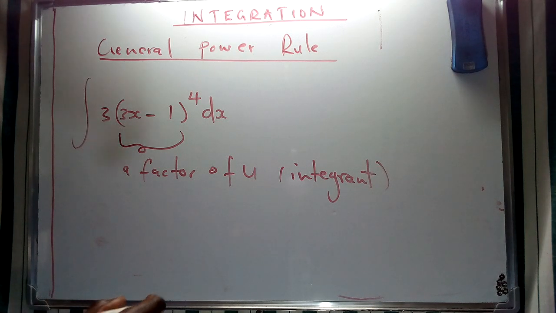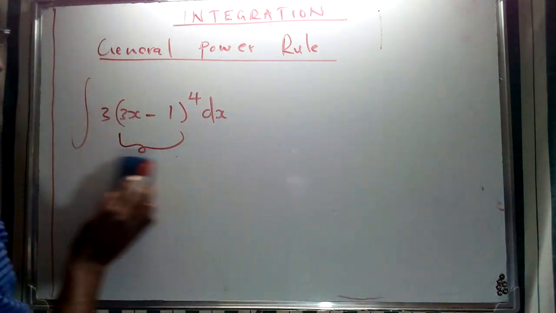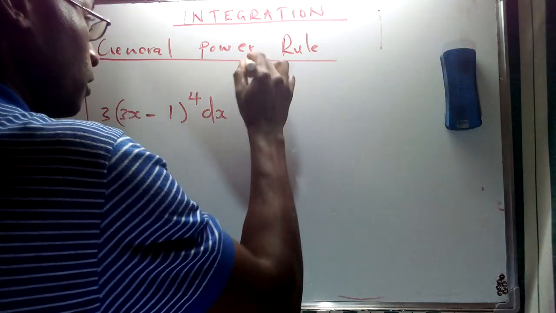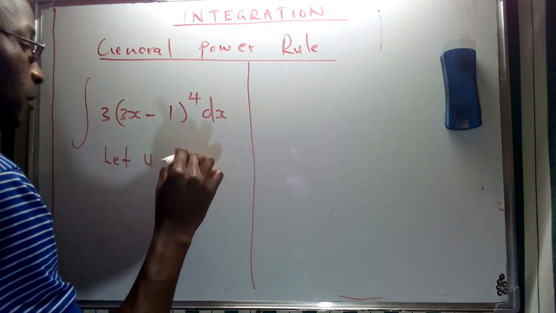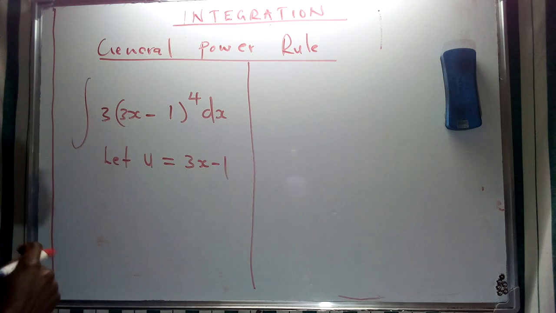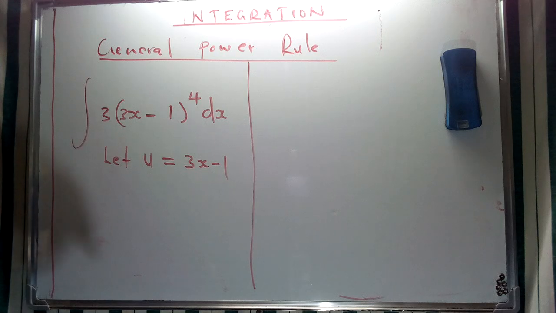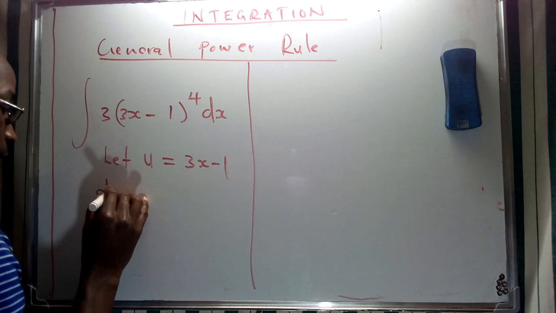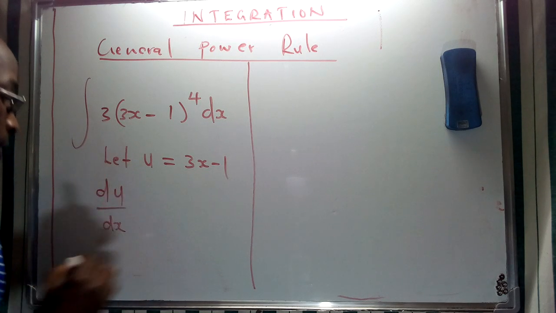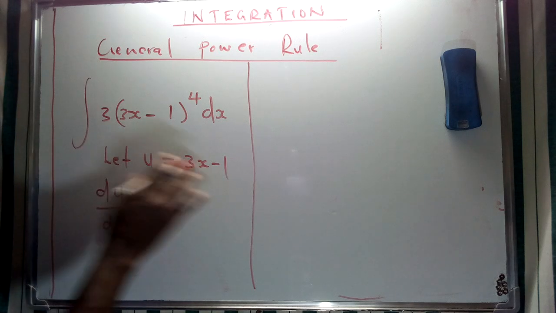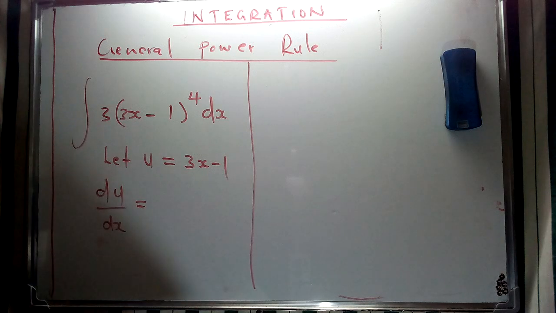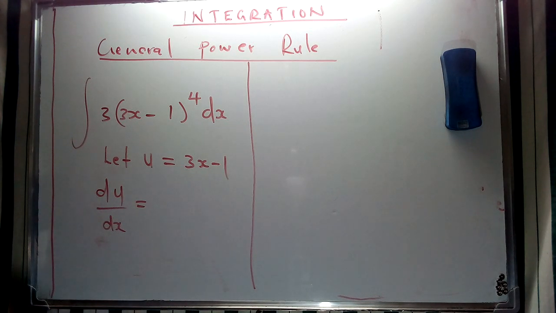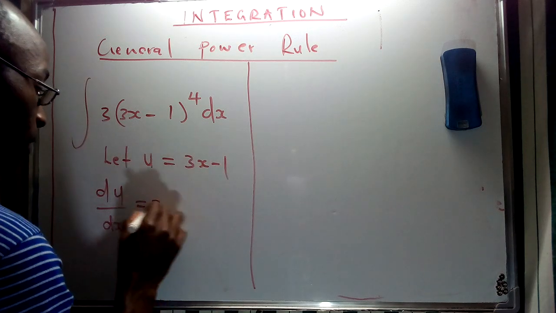Therefore, to create a relationship between this exponent and u, we say let u be represented by 3x minus 1. From this point, we look for du over dx, which is the derivative of this differentiable function u, and we get 3.